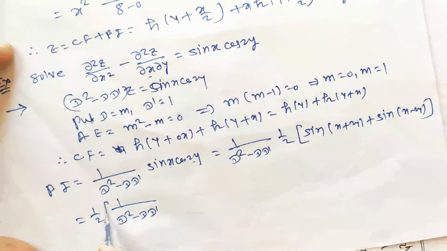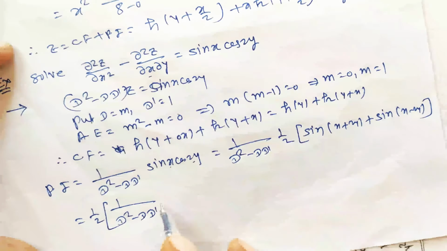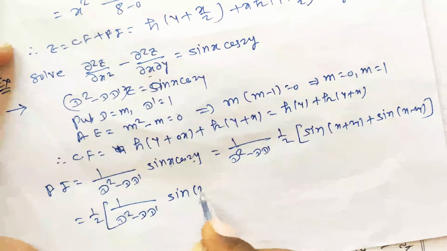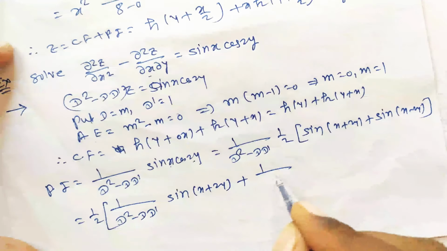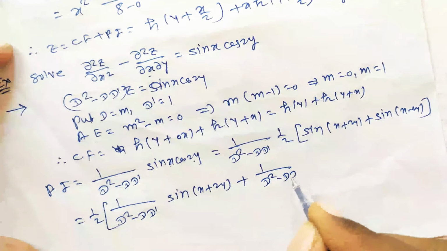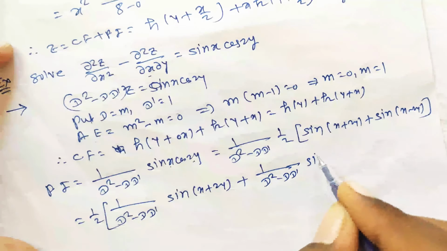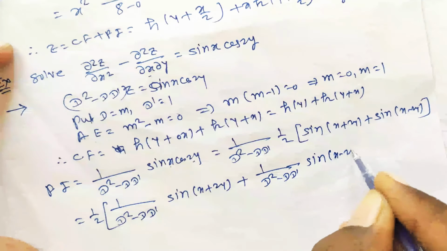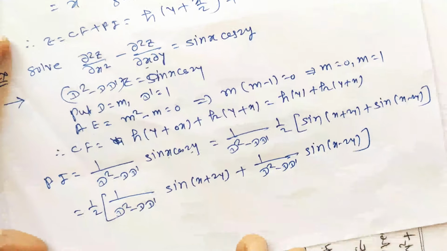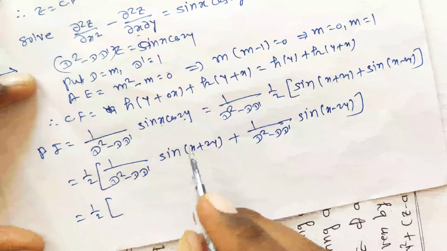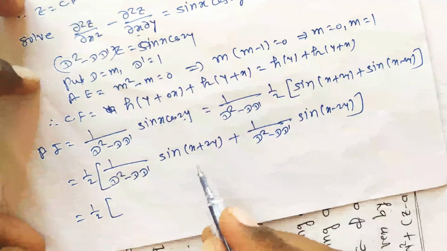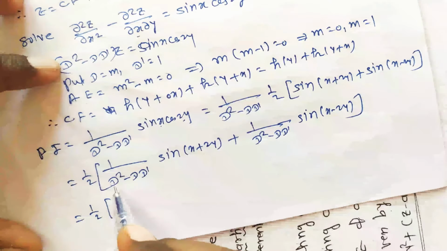We split this into 1 upon D square minus D dash of sin of x plus 2y, plus 1 upon D square minus D dash of sin of x minus 2y. So this is equal to 1/2 into, if sin of ax plus b is there, then we have to replace D square by minus a square.